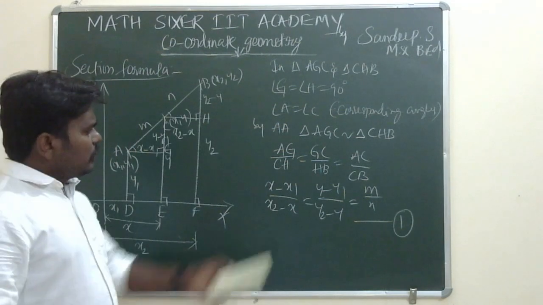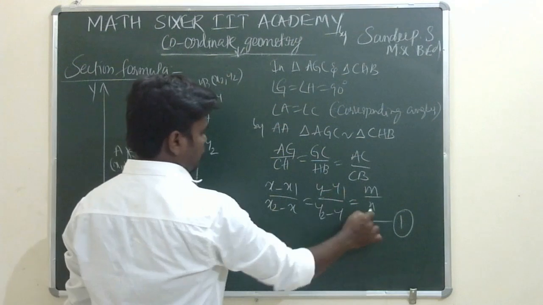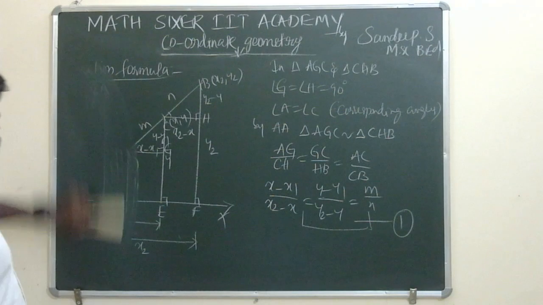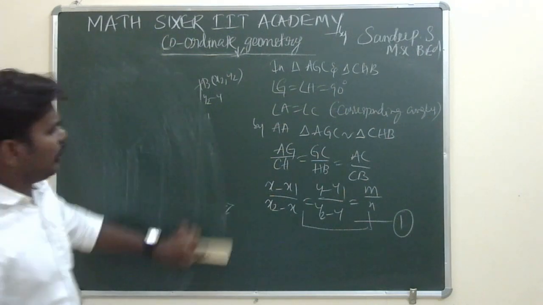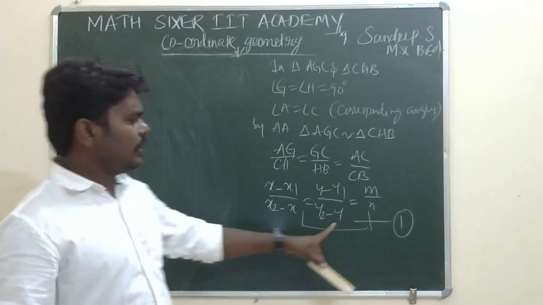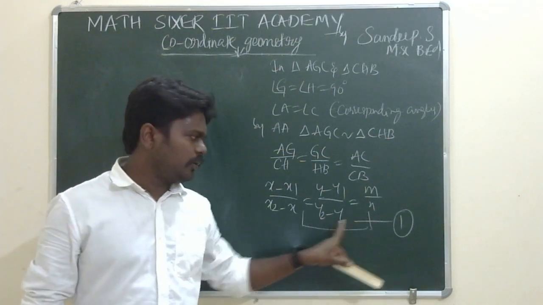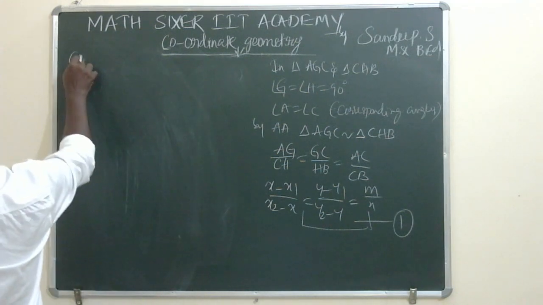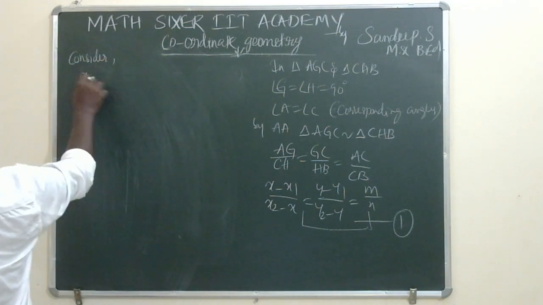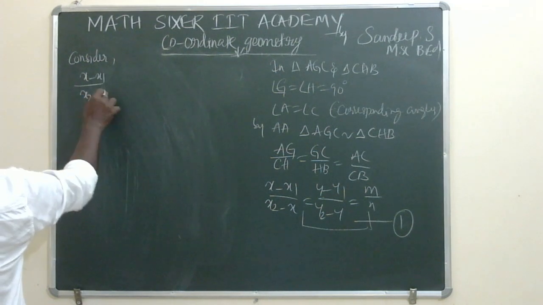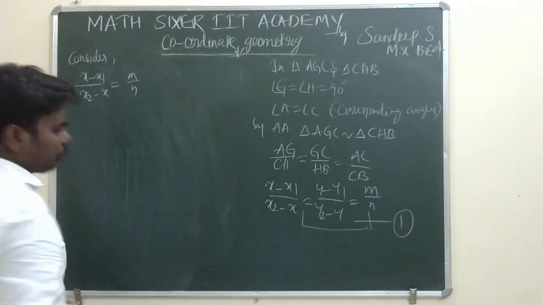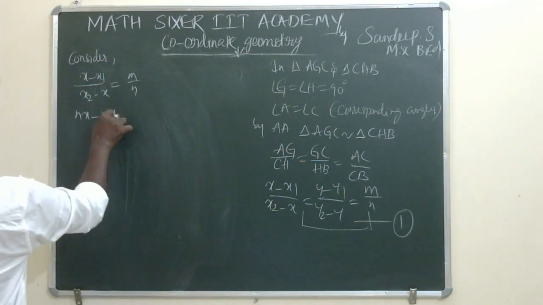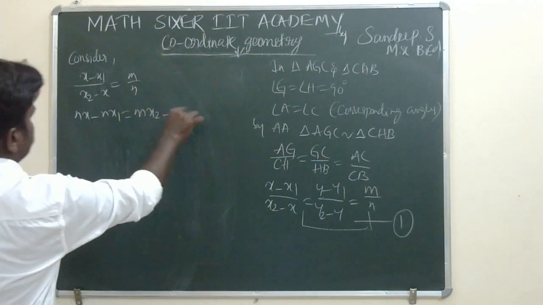Now what we have to do is, from this first equation, take the first and last terms and simplify. Then you will get the x coordinate, and similarly when you simplify the second and third parts, you will get the y coordinate. So here consider (x minus x1) by (x2 minus x) is equal to m by n. Do the cross multiplication: nx minus nx1 is equal to mx2 minus mx.